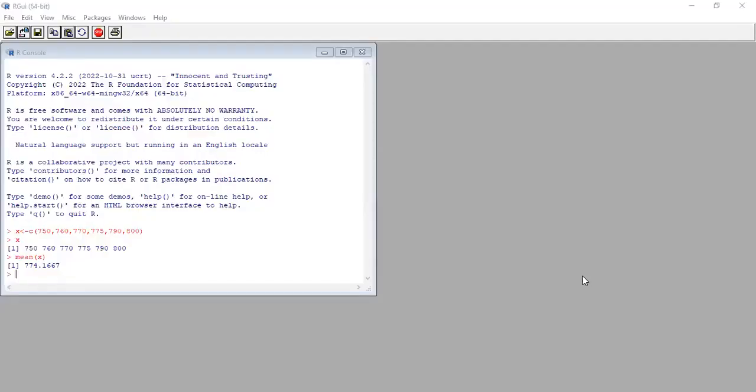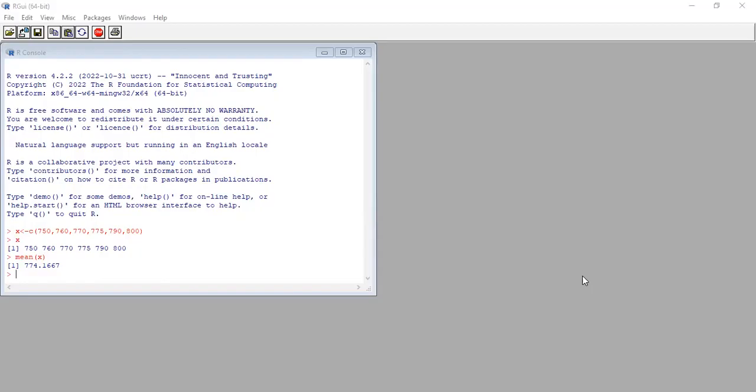Now let's do it in the R programming language. We just specified our x, which is our variable, and we have the values here. So how can we find the median in R?